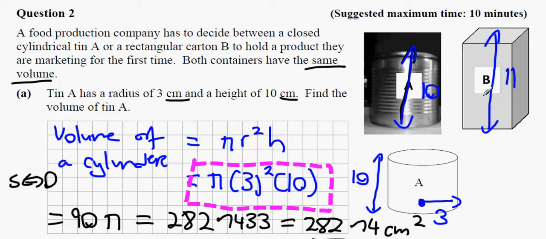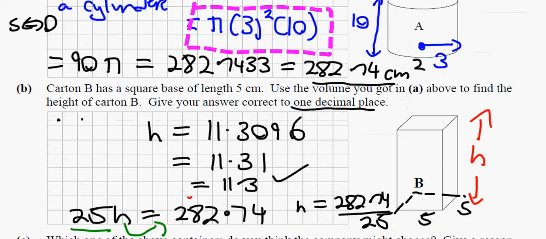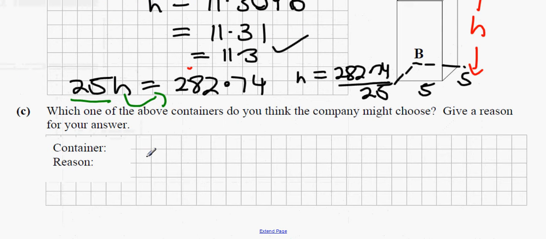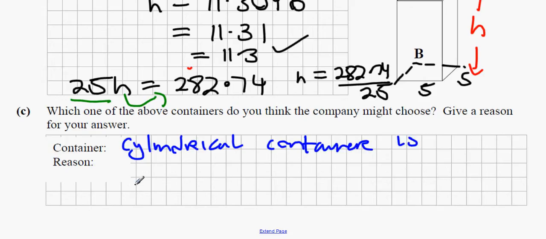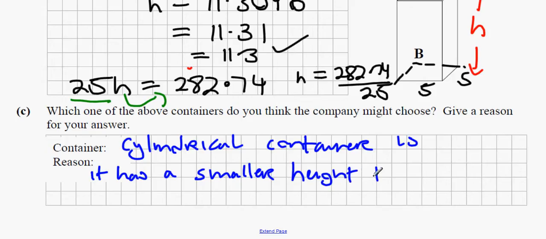So I'd use the cylindrical container, and the reason why is that it has a smaller height than the box container, which means you could pack more in.